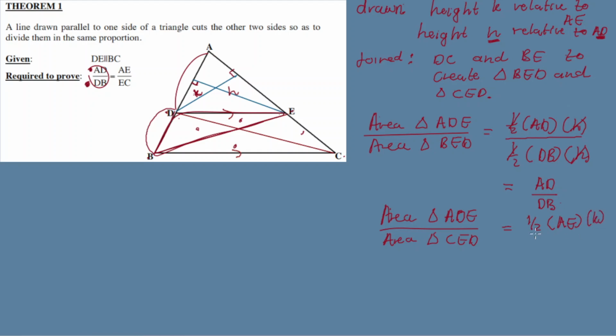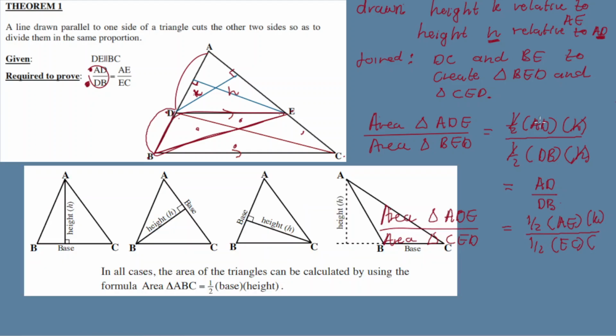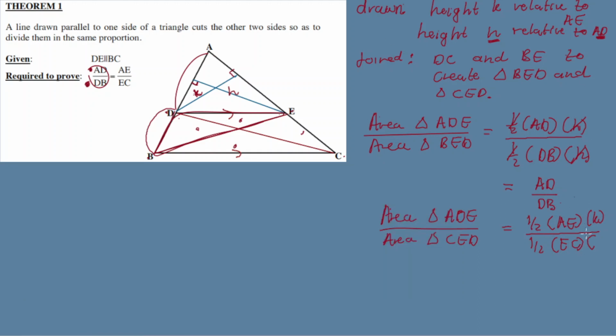So it's K this time divided by 1 over 2 times AE times EC, and then the height will be K. Again, it's still case number 4. So therefore it's K here. Cancel, cancel, cancel, cancel, and then AE divided by EC.